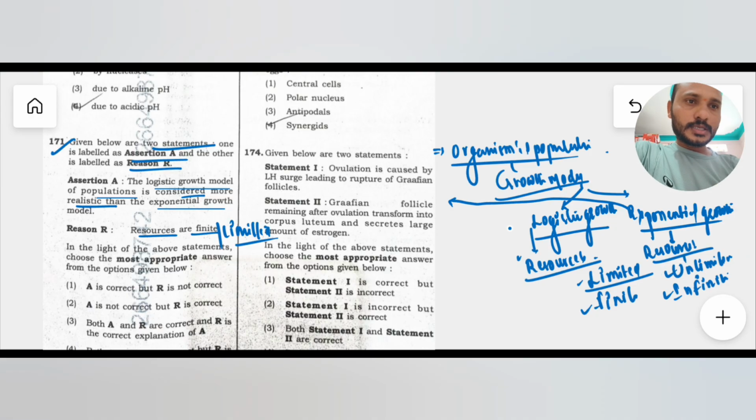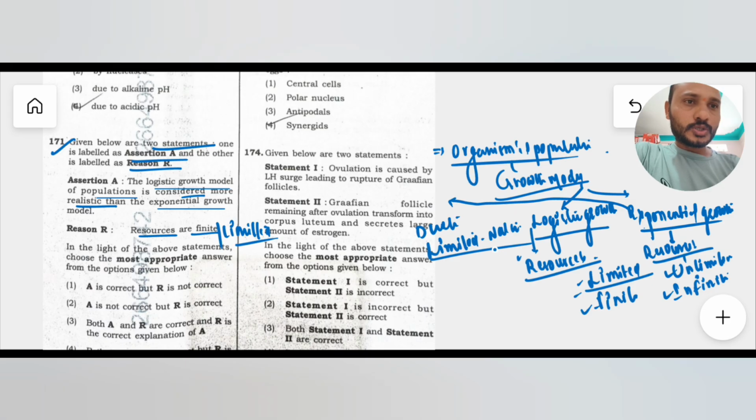Very rarely are there unlimited resources; mostly, 99% of the time, resources are limited.